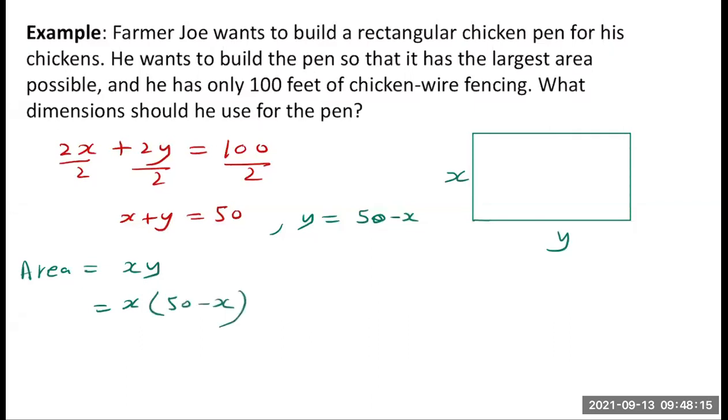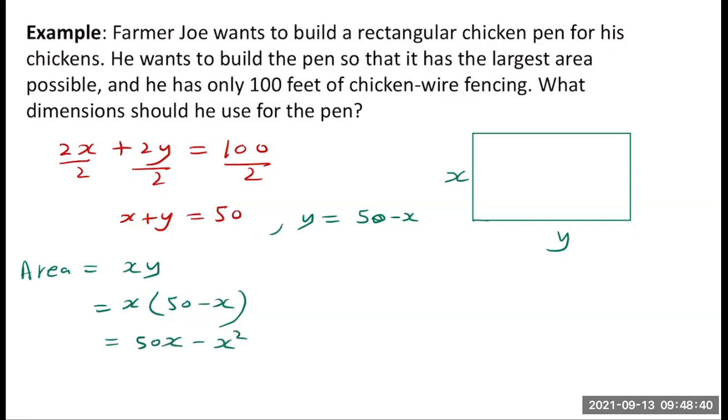Now, as you can see, this is a function purely in terms of a single variable, which is x. That's what I want. Now I can optimize this problem. I can find the maximum area by treating this as a function of x. Okay. If you simplify this a little bit more, you will get 50x minus x squared. Okay.